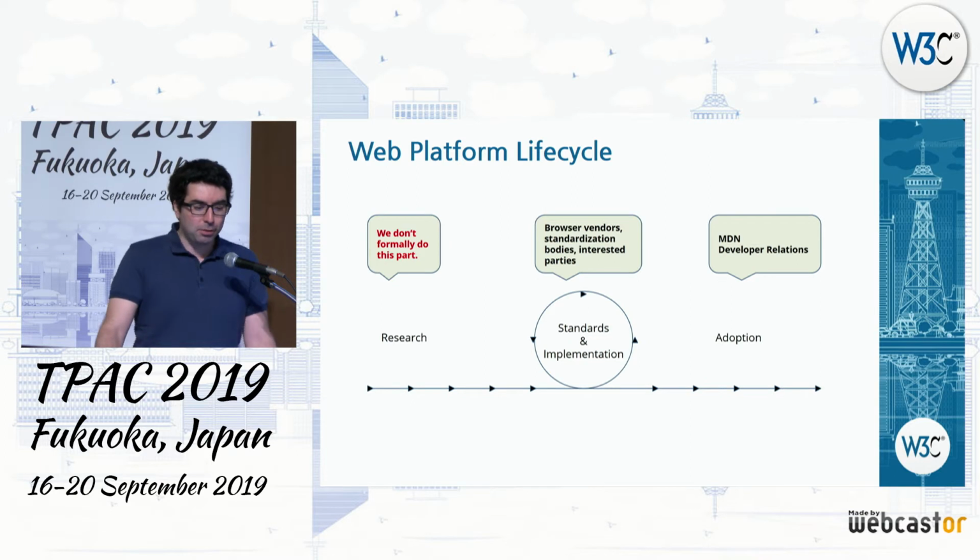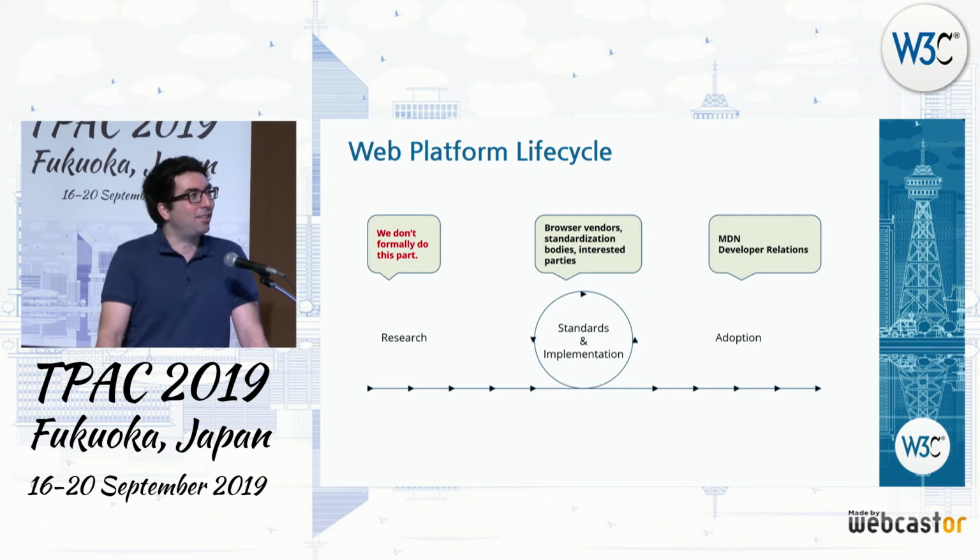And so we took a step back to see what the whole process looked like from Mozilla's perspective. And after interviewing numerous people involved in different stages of the process, we identified three distinct phases: research, then standardization and implementation, and adoption at the end.